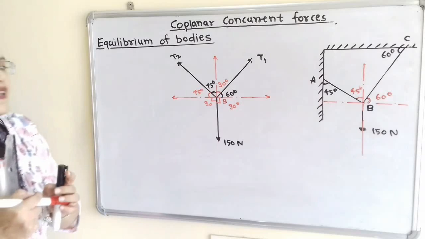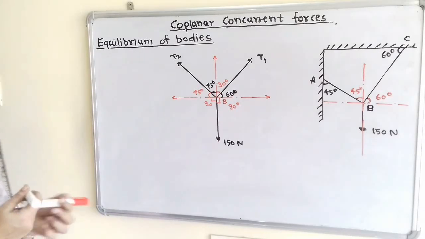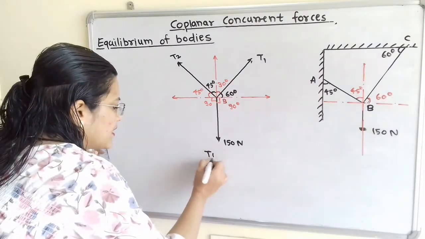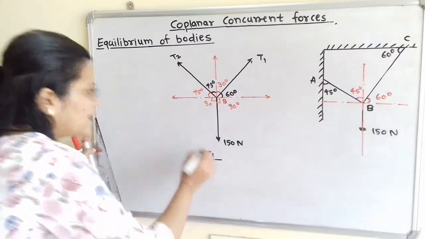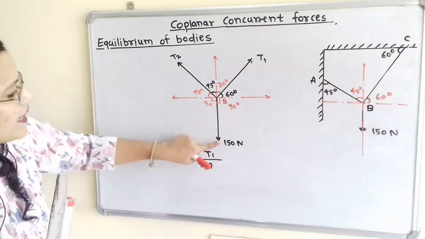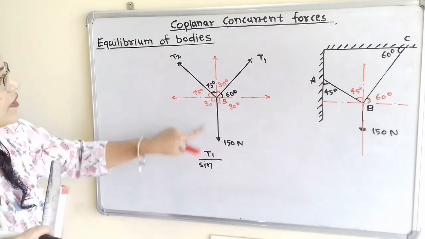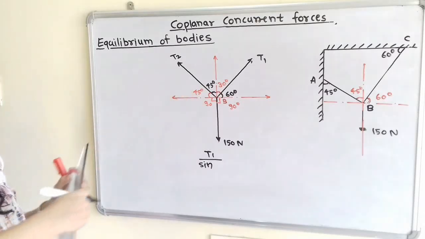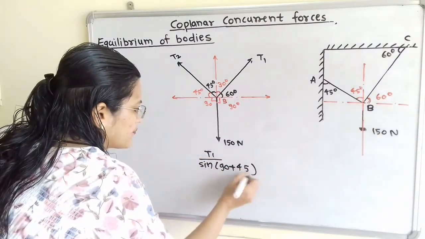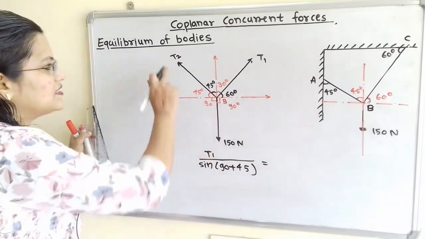Now we will apply Lami's theorem. According to Lami's theorem, first I will take tension T1. T1 divided by the sine of the angle between the other two forces, that is between T2 and 150. The angle between T2 and 150 is 90 plus 45, which is equal to, next is T2.